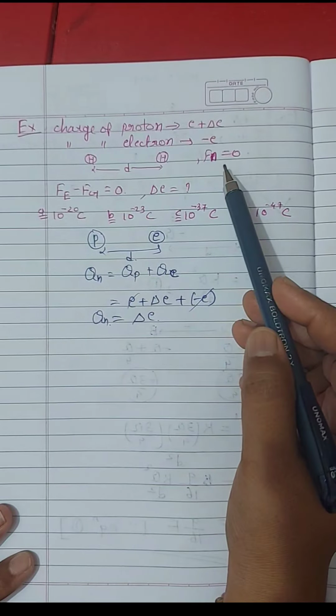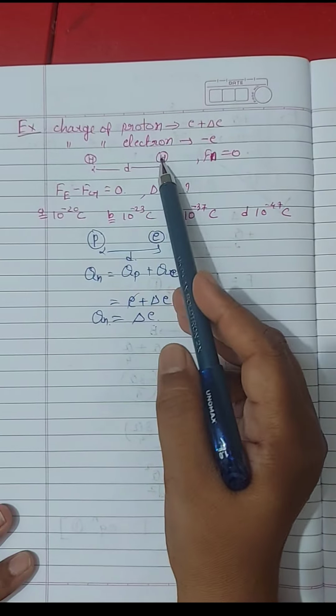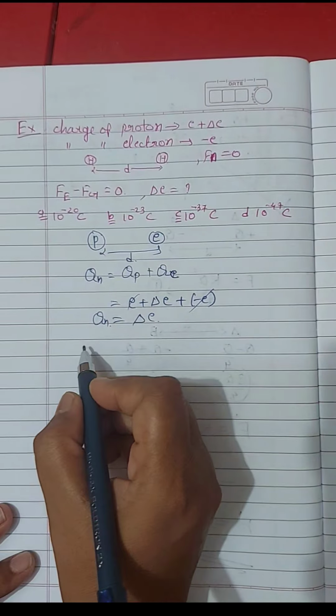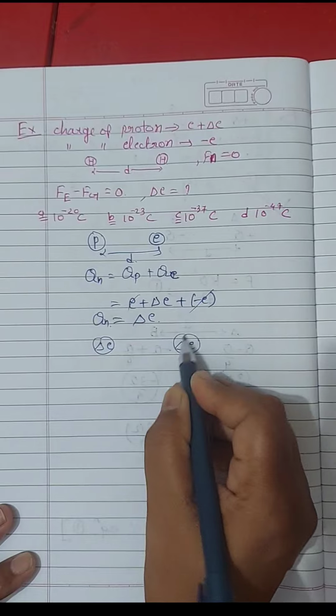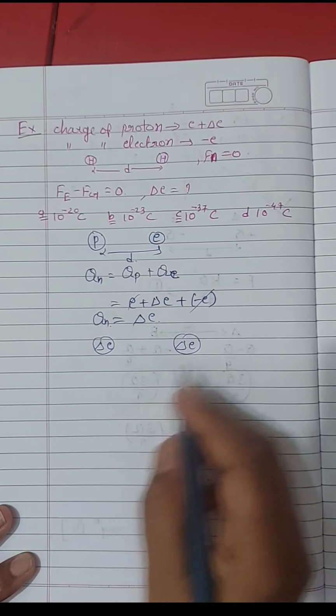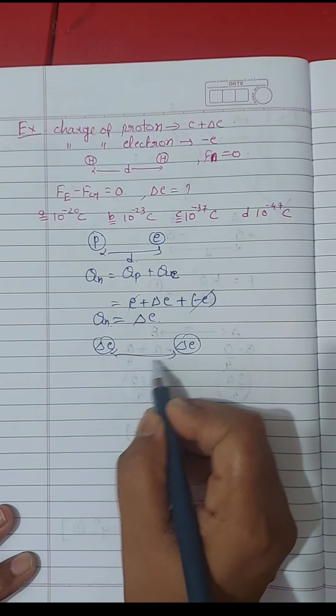Net electrostatic force and gravitational force on the hydrogen atom is 0. So what is the electrostatic force between delta e and delta e charge? For the hydrogen atom, separation is d.